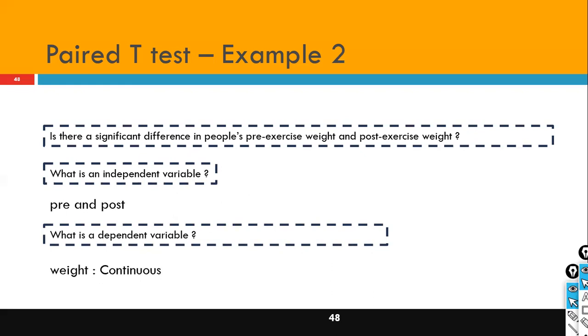And pre and post exercise are your independent variable, because your body weight can go up or down based on the exercise that you do. If you don't do any exercise, obviously you will become obese. And if you do exercise, the weight depends on your exercise. Your weight is driven by exercise.